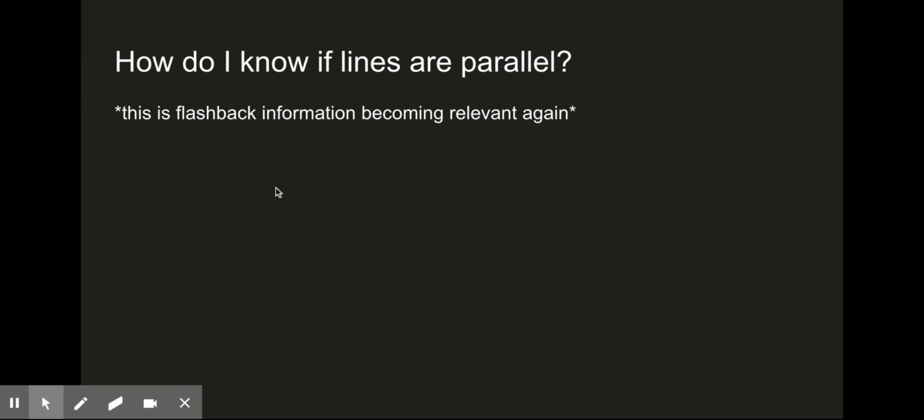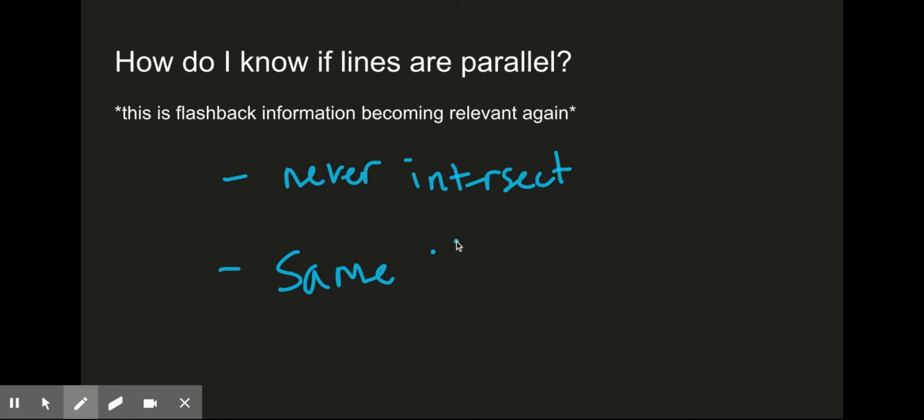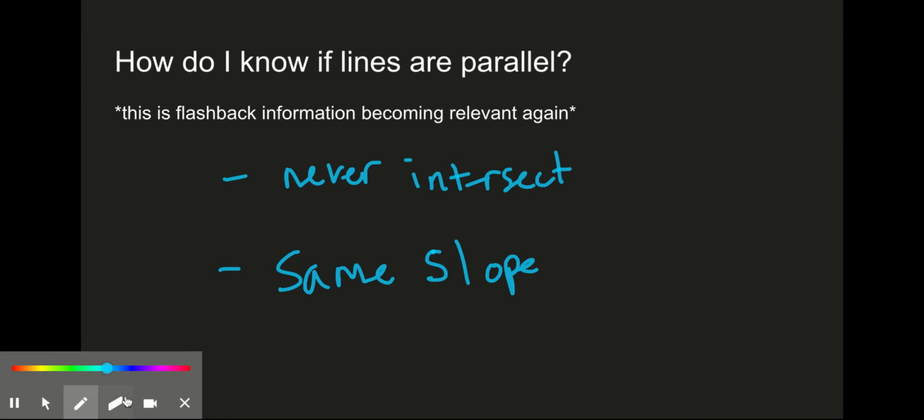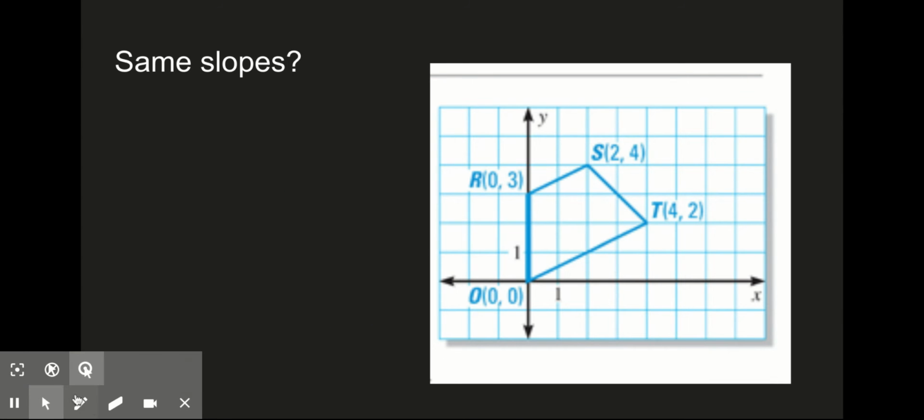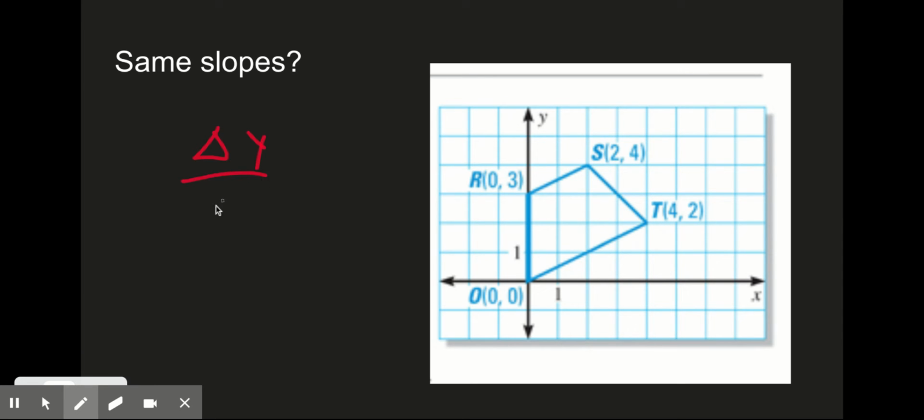All right. So a little refresher, what does it mean to be parallel? That means never intersect. If you never intersect, then you need to have the same slope. So if I ask you to identify, hey, is this a parallelogram or is it a trapezoid, on a shape like this, I'd expect you to use rise over run to figure out that this has a slope of up 1 over 2, so that's 1/2.